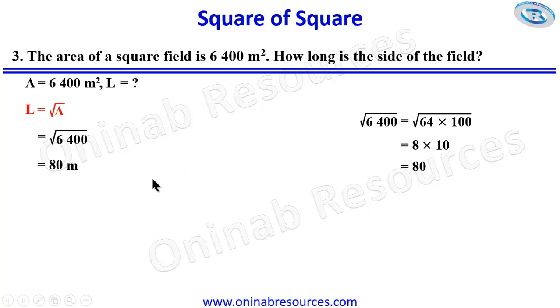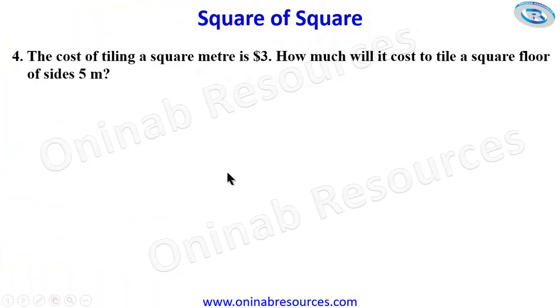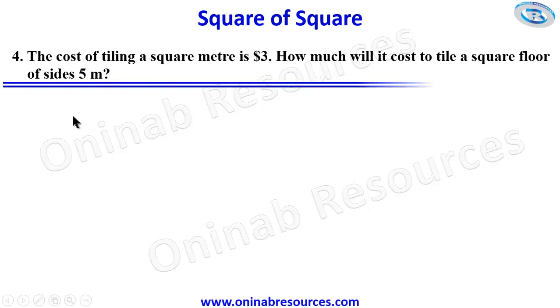We then go to problem 4. The cost of tiling a square meter is $3. How much will it cost to tile a square floor of sides 5 meters? So in our solution, we have to calculate the area of the square floor first.